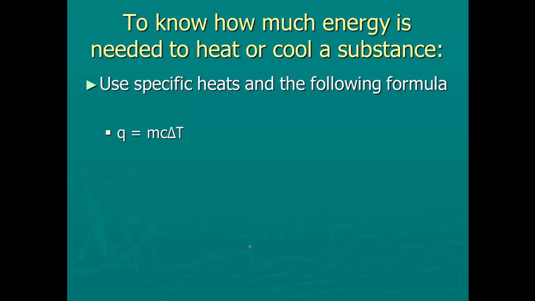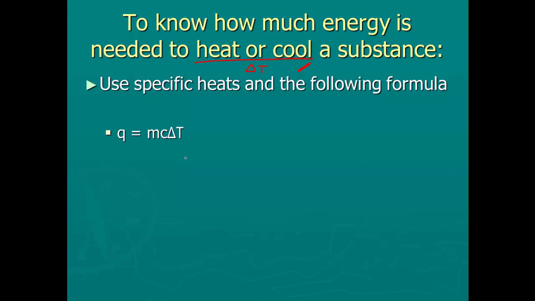All right, so now we're going to switch to page 6, and we're going to talk about how do we actually calculate how much energy is needed to do this, okay? So first off, in order to talk about how much energy is needed to heat or cool a substance, we're talking about the delta T portions of the heating curves, or the sloped portion of the heating curve when the temperature is actually changing.